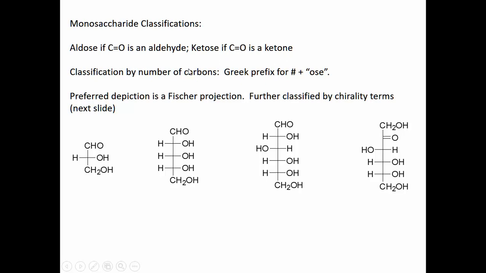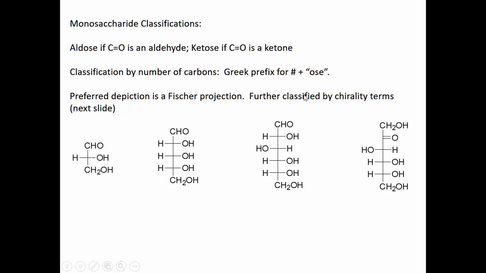We're going to further classify it by the number of carbons in the longest chain, or actually in a monosaccharide, the only chain, and we're going to use the Greek prefix for the number of carbons and end it with the word "ose." Our preferred depiction for a monosaccharide is a Fischer projection with the C=O as close to the top as you can get it, and the carbon chain going perfectly vertical. And these are going to be further classified by chirality terms.